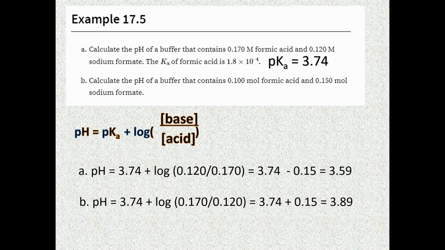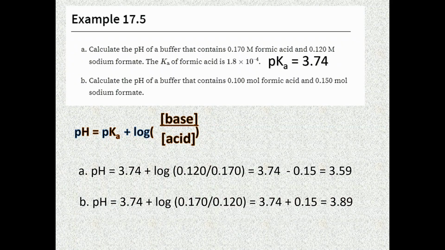I've flipped the numbers. Now, instead of subtracting that 0.15, I get the same log, but it's positive. So now my pH goes up by that 0.15. And like I said, I did this on purpose. This is not just another mistake. I did this on purpose so you could see how the ratios of acids and bases will either increase your pH or decrease your pH.